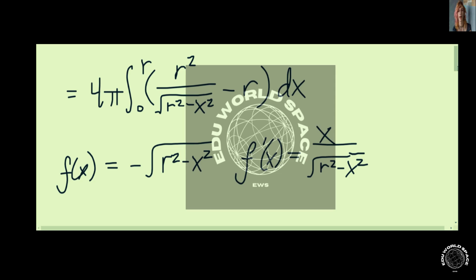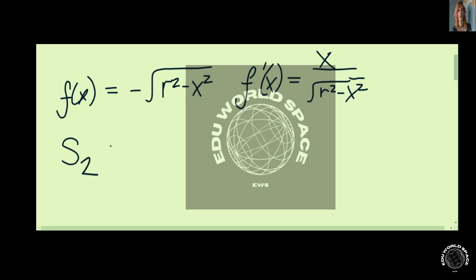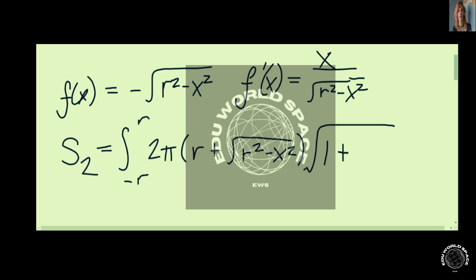So we have that the area of this lower half, S2, is the integral again from negative r to positive r of 2 pi times r minus the negative square root, or I guess this is r plus the square root of r squared minus x squared, times the square root of 1 plus x squared over r squared minus x squared dx.